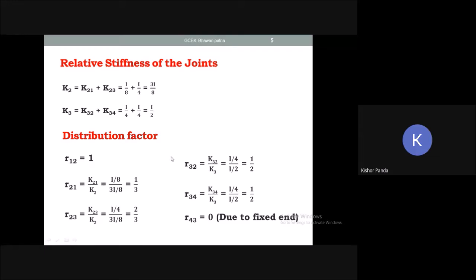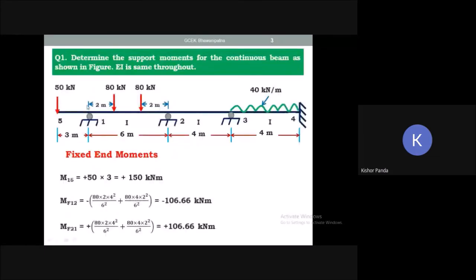Then find out the distribution factor. So here at joint 1, the distribution factor R12 is equal to 1. Then find out R21. R21 is equal to K21 divided by K2. Then find out R23. R23 is equal to K23 divided by K2.